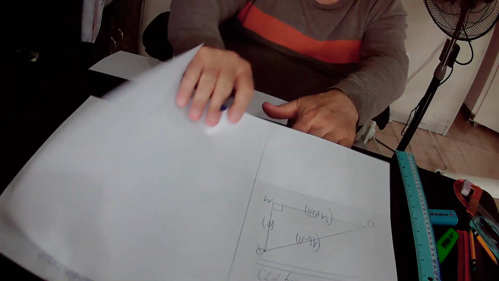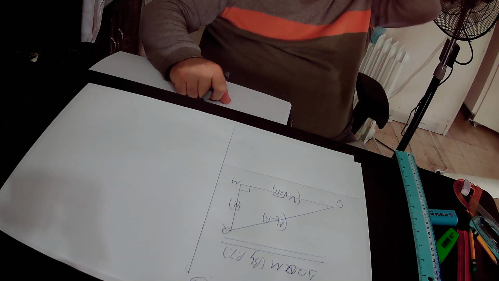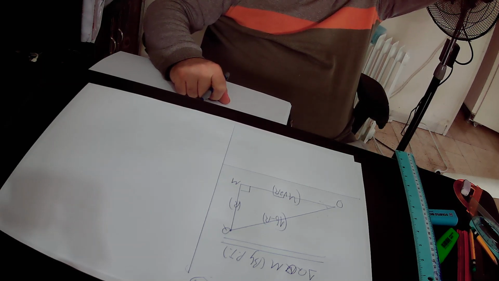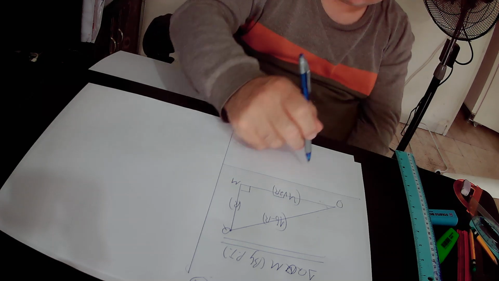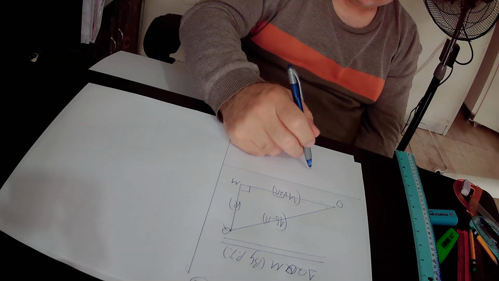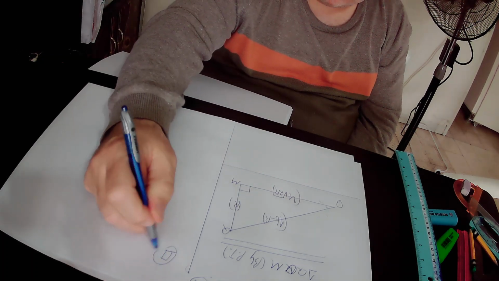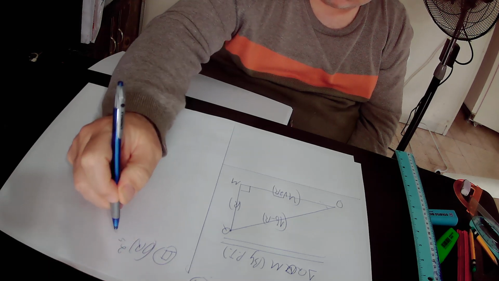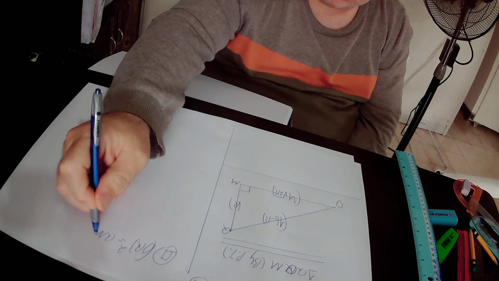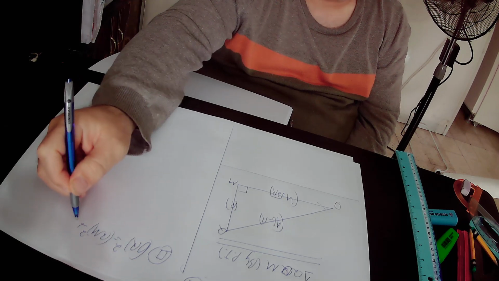So actually, this is the right triangle OQM that I copied from the original drawing. According to the Pythagoras theorem, in this right triangle OQM, OQ square equals QM square plus OM square.